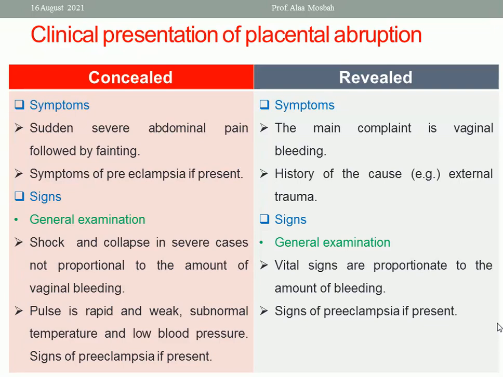Because the bleeding in the concealed type is retained inside the uterus. The shock can be caused by the large amount of blood retained inside the uterus, and also due to over-distension of the uterus. In the revealed type, there may also be signs of preeclampsia.